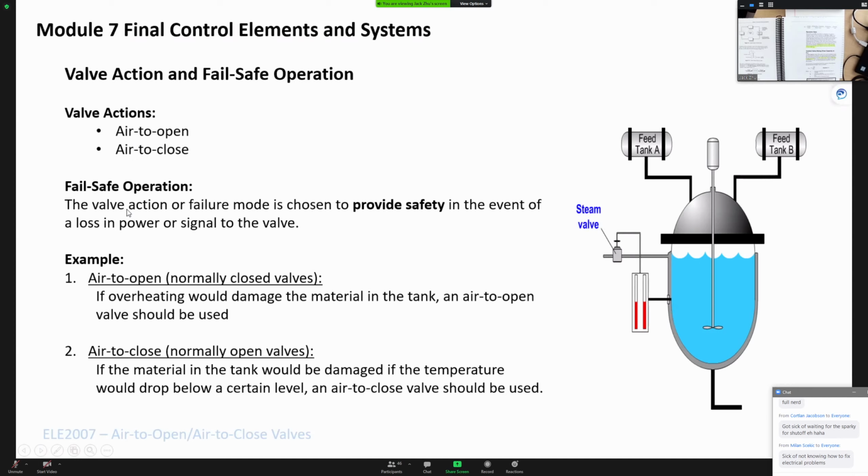For the fail-safe operation, it's whether your control signal fails or your air supply is not there, you have to be able either to close the valve or open the valve, depending on your application. So here, they're talking about air to open. If overheating would damage the material in the tank, an air to open valve shall be used.